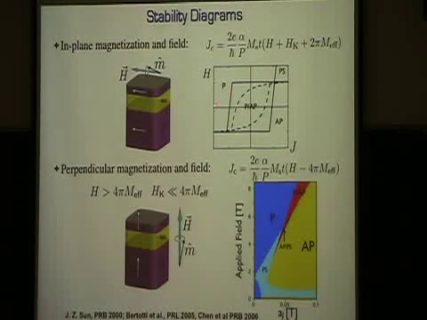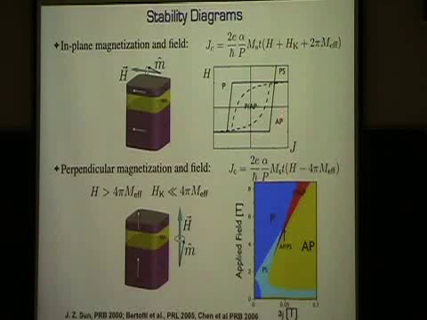You start in a parallel configuration and sweep the current. At some critical value, you switch to an anti-parallel configuration. When you come back, you switch back to parallel at a current of opposite sign, on the negative side. So you have a region of bistability where you can switch the magnet with a current.